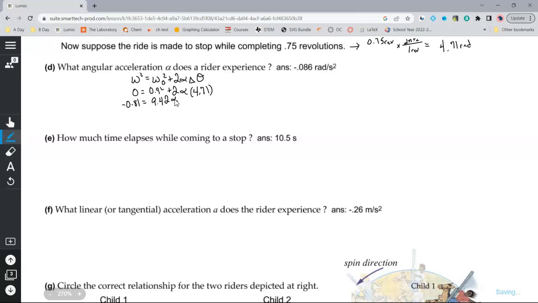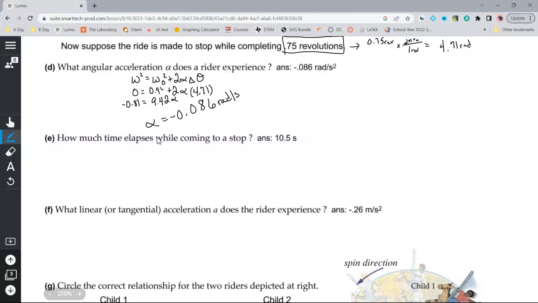I divide 0.81 by 9.42, and I get the angular acceleration equals negative 0.0859, so 0.086, in radians per second squared. Now, this conversion piece is a tiger trap. If you are not paying attention, it is very easy to just plug that 0.75 in and not think twice about it. Be careful there.